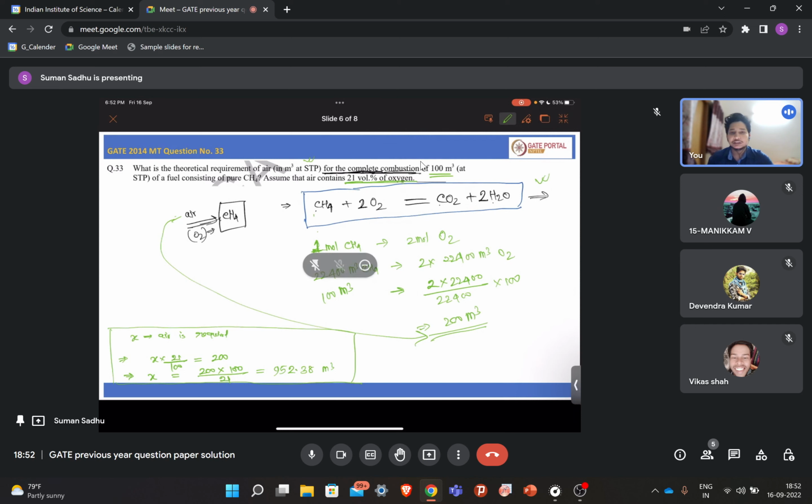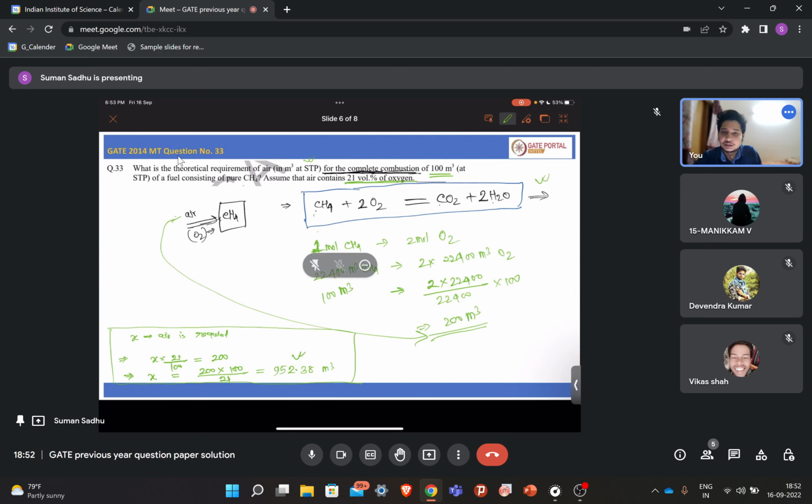So 100 meter cube of CH4 needs 200 meter cube of oxygen, and that 200 meter cube of oxygen will come from the air. So it will be simply 200 into 100 by 21. Just multiply and you get the answer. So very quickly you can solve these questions.